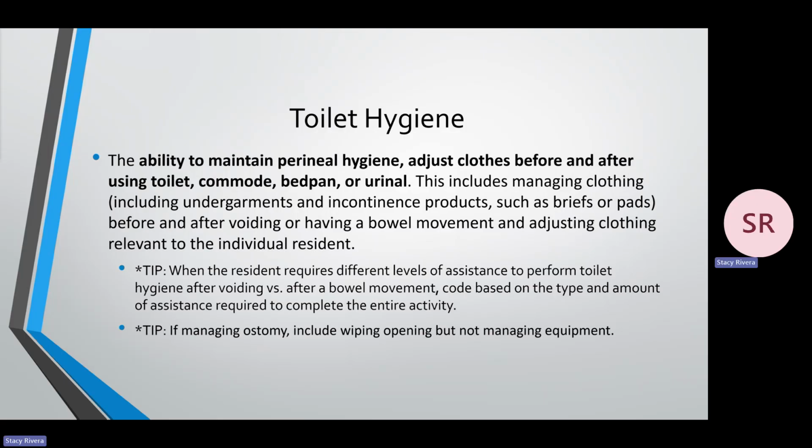When a resident requires different levels of assistance to perform that whole task, so hygiene versus after voiding versus after a bowel movement, which can vary based on assistance needed, code based on the type and amount of assistance required to complete the entire activity. If managing an ostomy, you can include opening or wiping the opening, but not managing the equipment. Okay, so it's hygiene for that area, but not managing the actual colostomy bag and cleaning that.